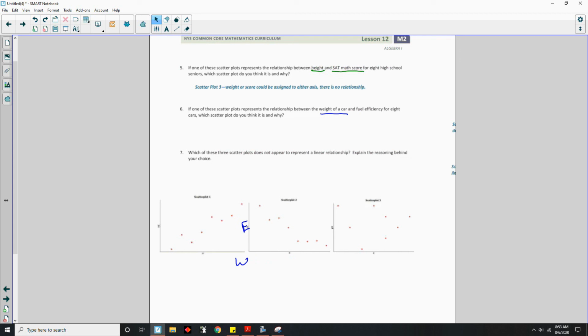If we move this over here, like so, as the weight decreases, if this is weight, the weight's decreasing, fuel efficiency is going up. So if this was 10 miles per gallon, 15, 20, 25, 30, 35 miles per gallon, the lighter car is going to get more fuel efficiency. That makes sense. That sounds better the way I worded it that way.